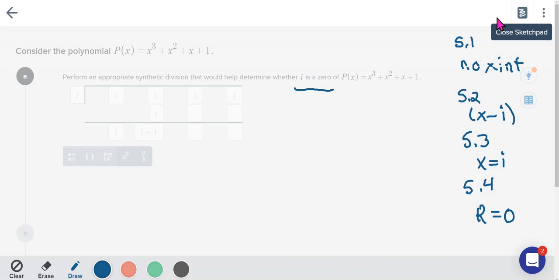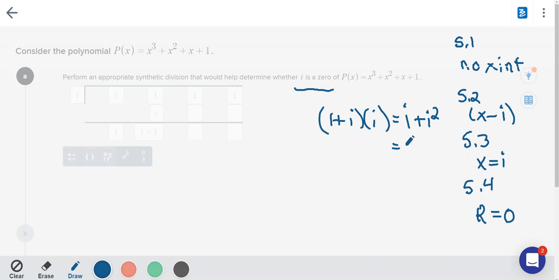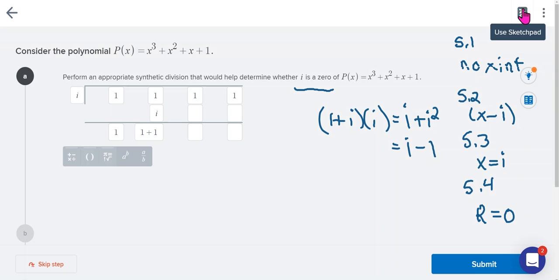When you multiply 1 plus i times i, it equals i plus i squared, which is i minus 1. Okay, you have to make this substitution if you want MathSpace to properly accept i minus 1. Okay, add, just i, nice.